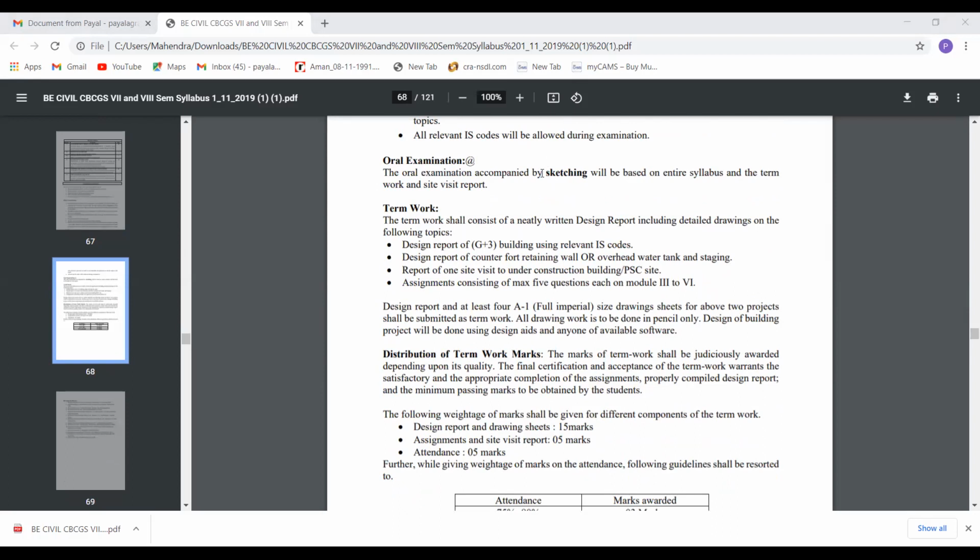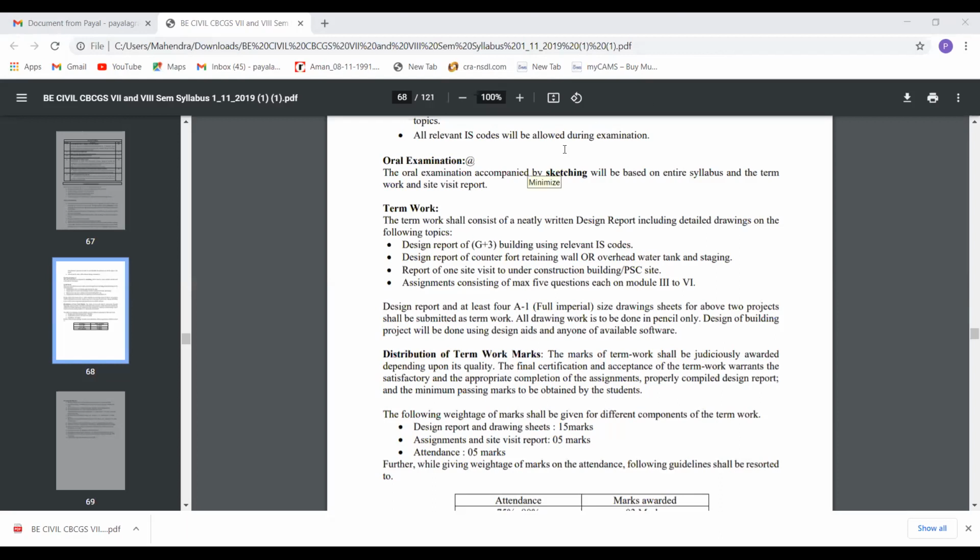The oral examination is of 25 marks in total, out of which 5 to 10 marks are for the sketching and the remaining is for the viva. The sketching is based upon the design of all the structures that we have seen in all the modules. It will depend upon your entire syllabus, that means all the 6 modules that we are going to study in this subject. They might give you a sketch of the retaining wall, or they might give you a sketch of the water tank.